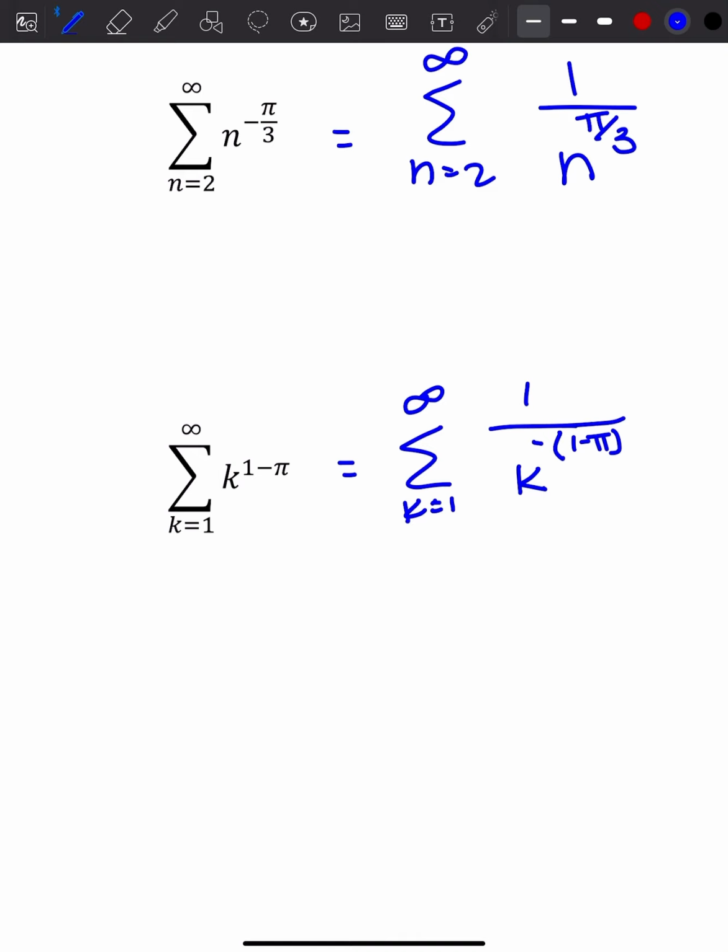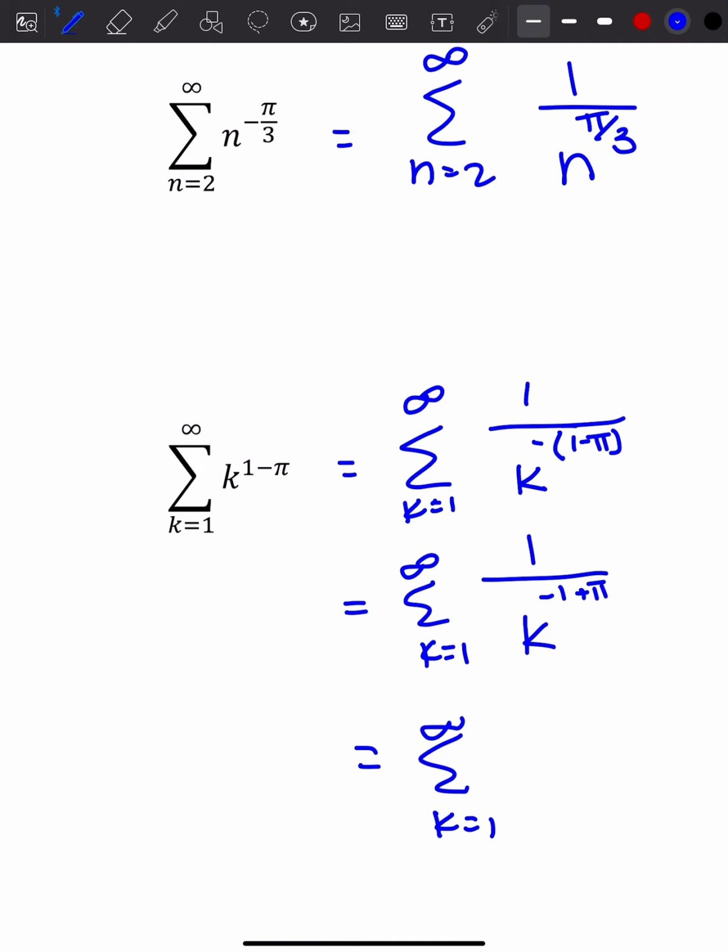So looking at this right now, we have a negative exponent, which is not what we want for a p-series. So we're going to go ahead and simplify this exponent. Summation from k equals 1 to infinity of 1 over k. So we have negative 1 plus pi. So the summation from k equals 1 to infinity of 1 over k to the pi minus 1 power.